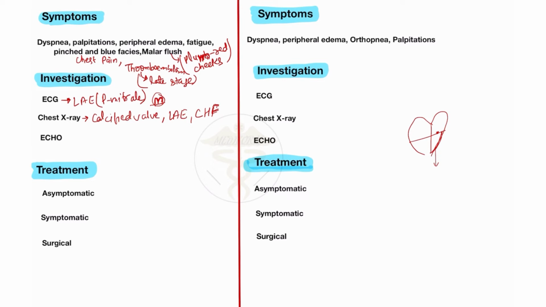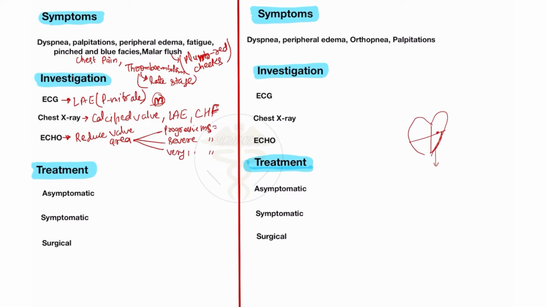What will you see in the echo? In the echo you will see a reduced valve area, the same as in aortic stenosis. The valve area is reduced because of calcification or narrowing of the valve. On the basis of the reduced valve area, there is progressive mitral stenosis, severe mitral stenosis, and very severe mitral stenosis.